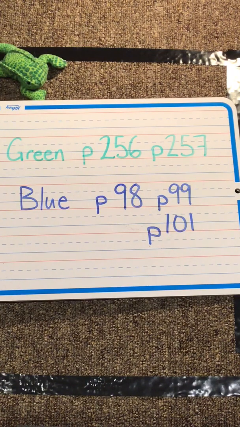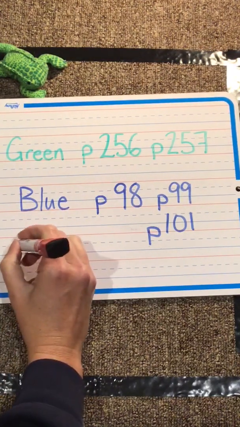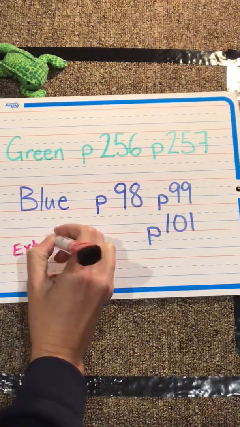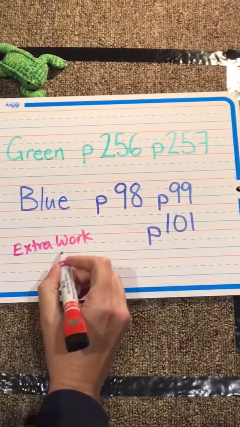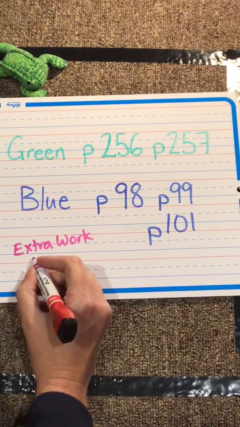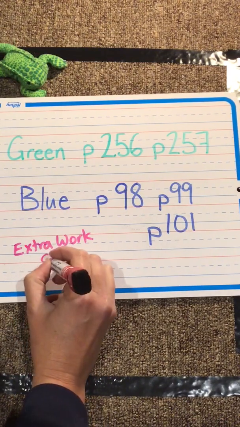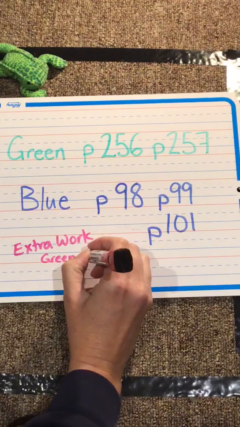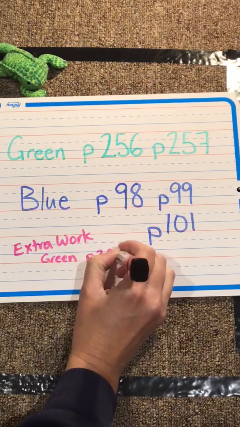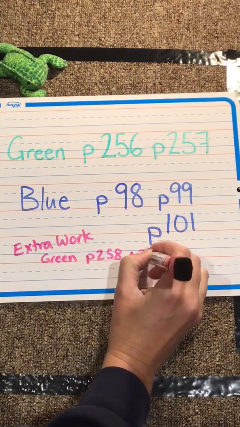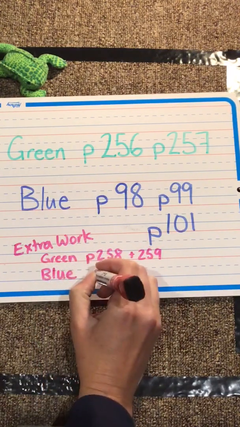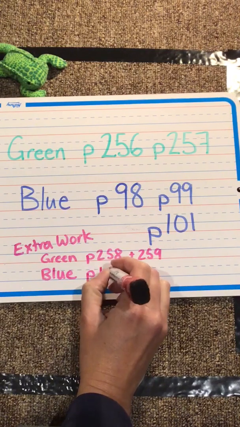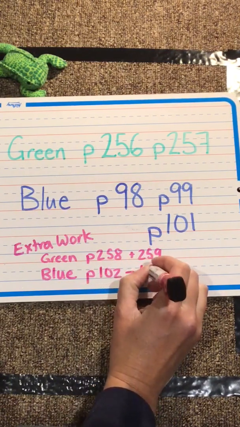Skip that one. If you need any extra work, we're zooming through this measurement unit to make sure we have time to do some other things that I think are really important. But if you need some extra practice, green, you can do page 258 and 259, and blue, you can do page 102 all the way over to 105.